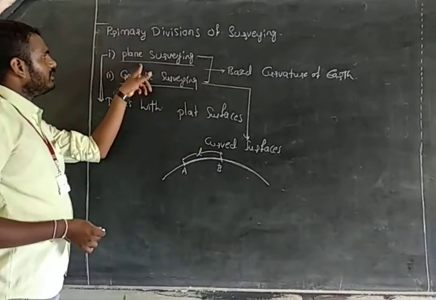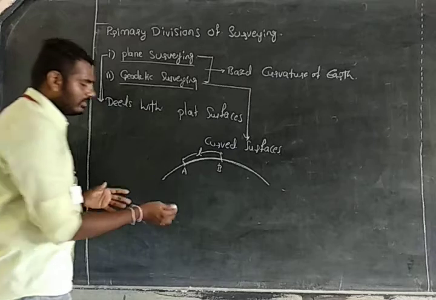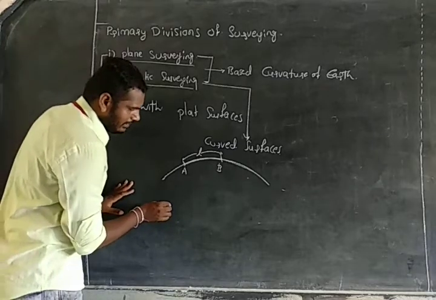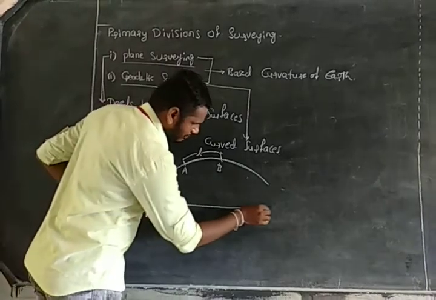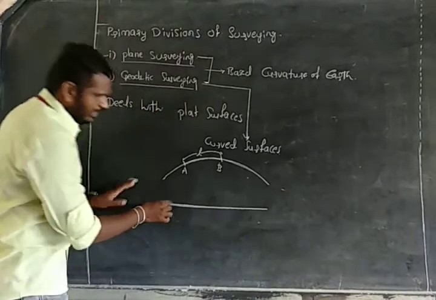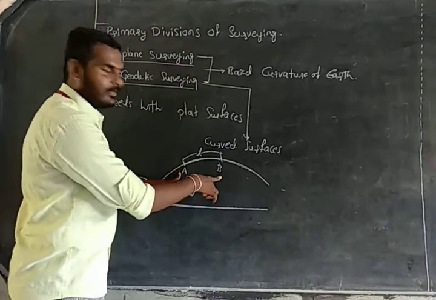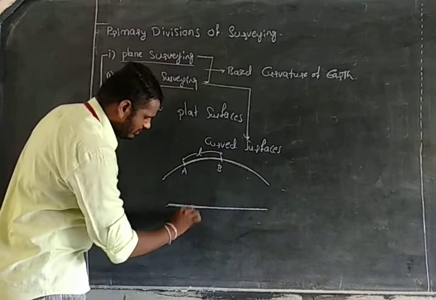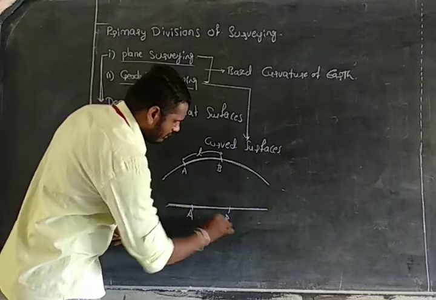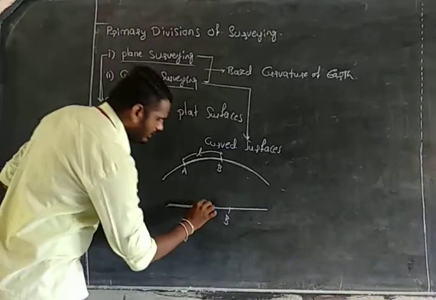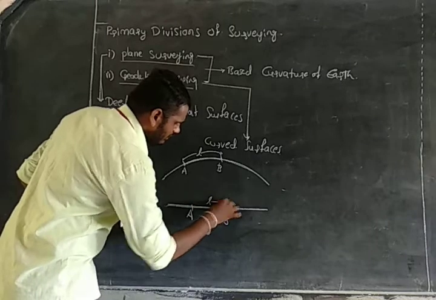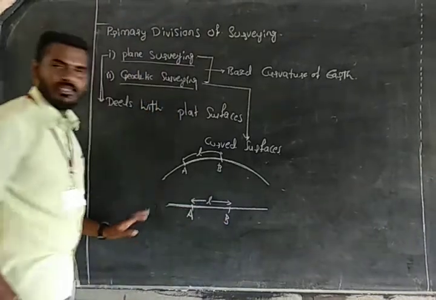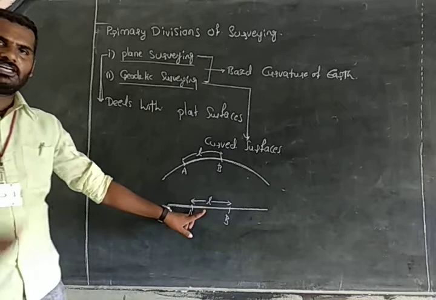But when we come to plain surveying, it deals with flat surfaces. Even though the same A and B are occupied at the same locations on the same ground, we take the length between A and B as the straight length, not the curved length.